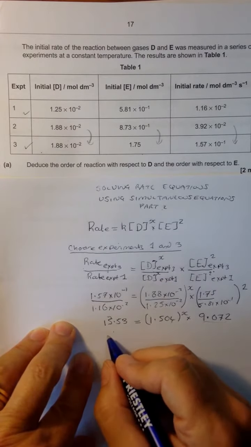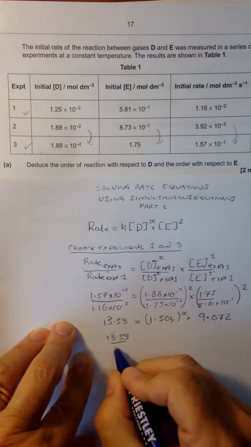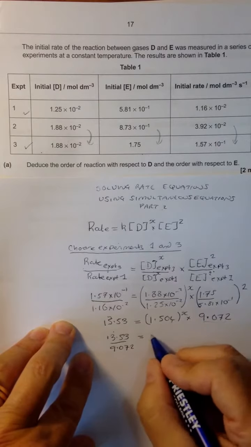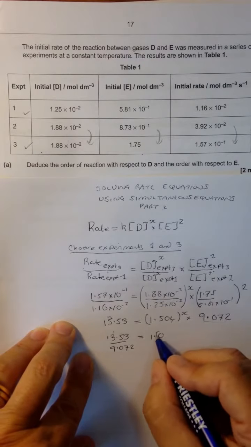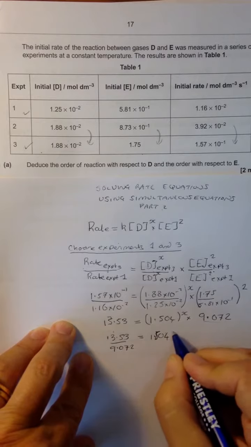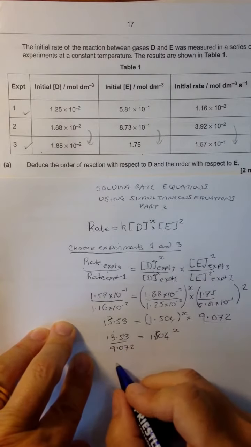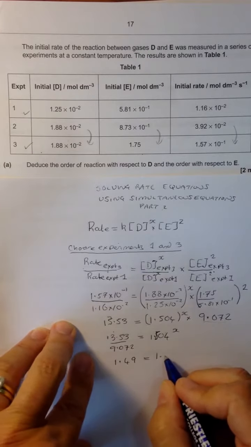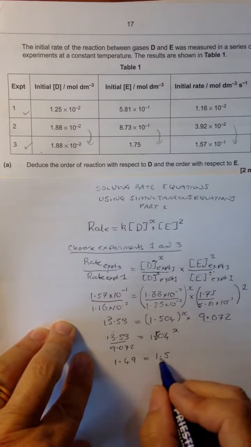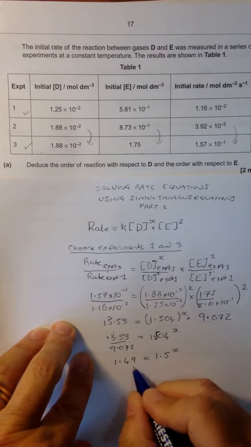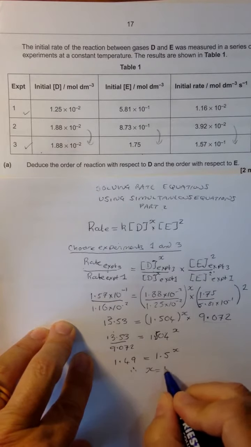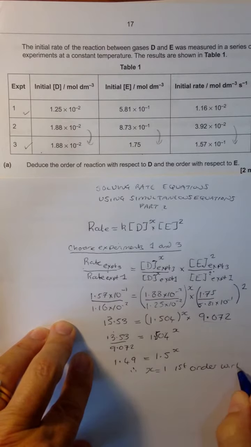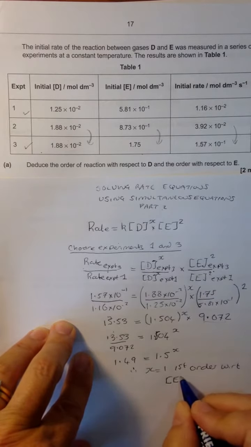That comes to 13.53 over 9.072, which equals 1.504 to the power X. That comes to 1.49. That's approximately 1.5, so 1.5 to the X, and therefore X equals 1, and it's first order with respect to the concentration of D.